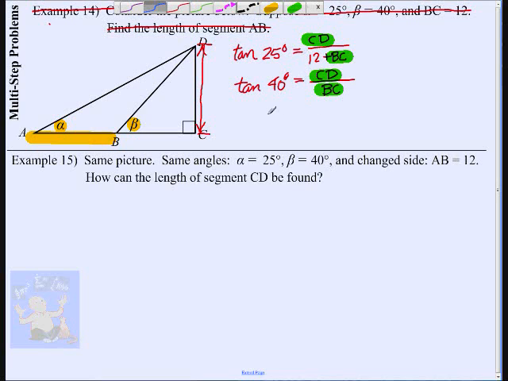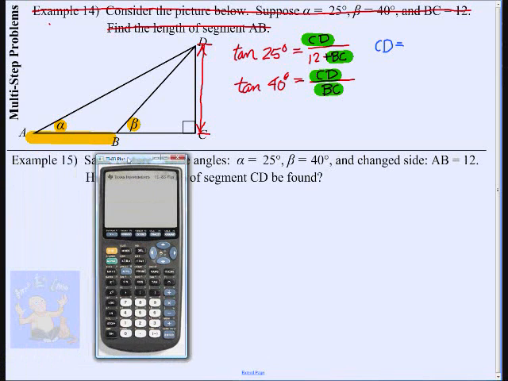Let's solve for CD. I can say that in this one, CD equals, what's a tangent of 25 degrees? That's why you're in better shape than I am, because I turned my calculator off. Okay, I erased my work.